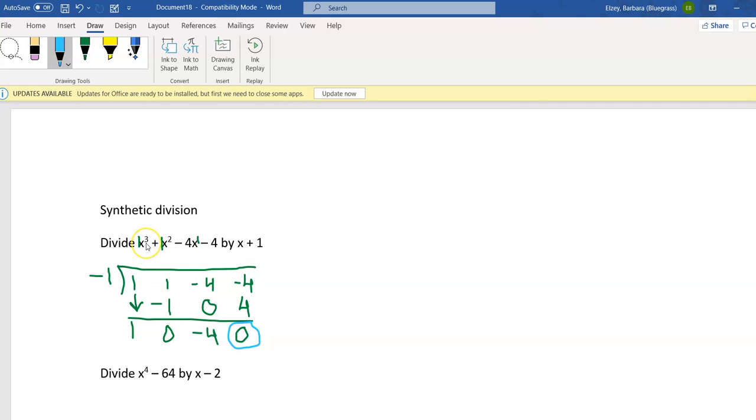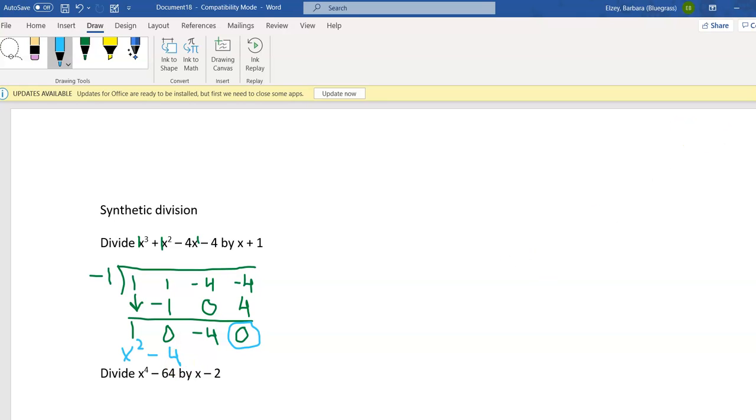So my answer is going to start with an x squared, and this is the coefficient of that x squared. This would normally be where we'd have our x, but it's a 0, meaning there are no x's, so we're not going to list an x, and then I have a -4. So the answer to this division is x squared minus 4.